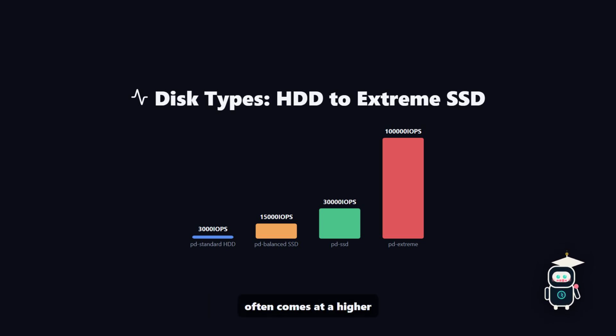PD SSD provides higher IOPS for responsive databases, which often comes at a higher per GB cost. PD Extreme allows you to provision even more IOPS for demanding transactional systems like SAP HANA, but you pay extra for those provisioned IOPS on top of capacity. The rule of thumb: match the disk to the workload's performance appetite and don't pay for IOPS you never use.